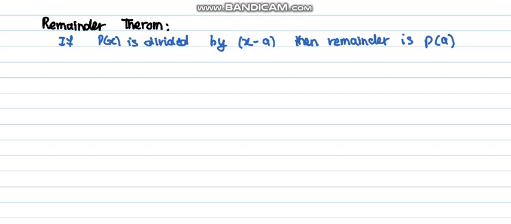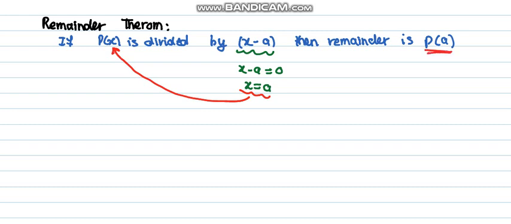So what we have done, we have made this x minus a equal to 0 and made x the subject, x equals a, and we have simply substituted this x equals a into this p of x. So this becomes p of a.